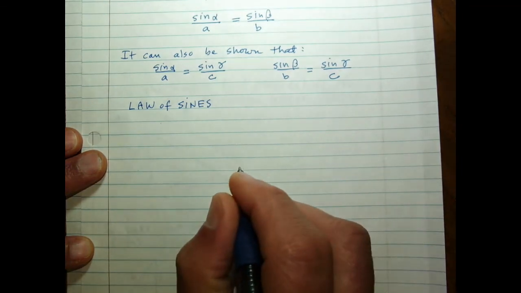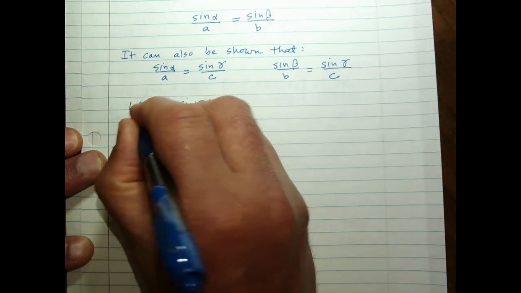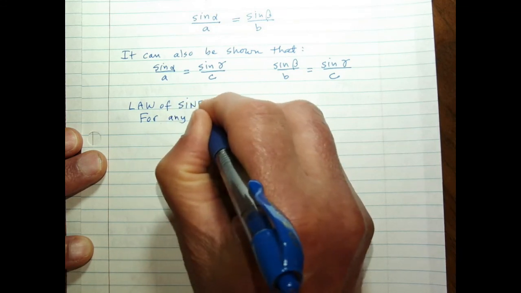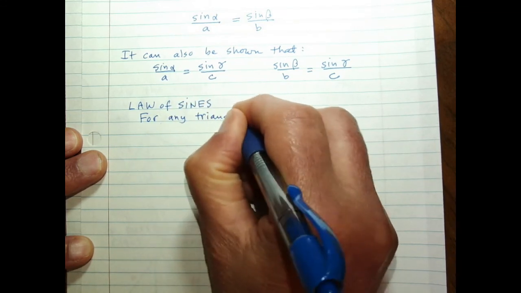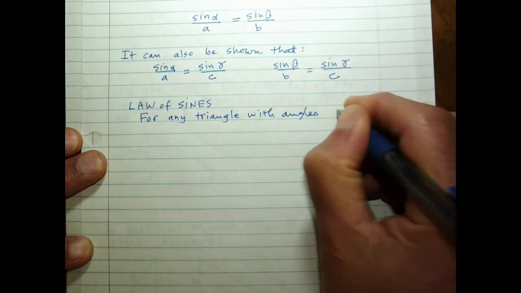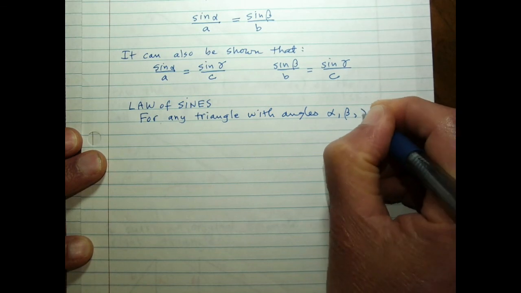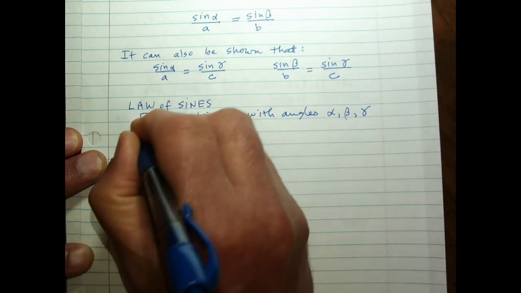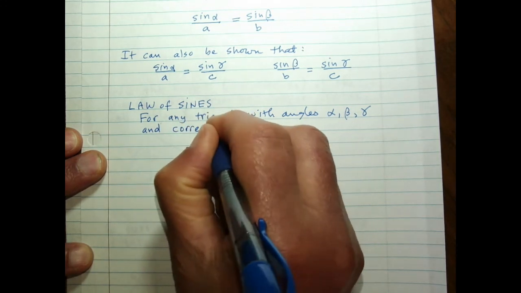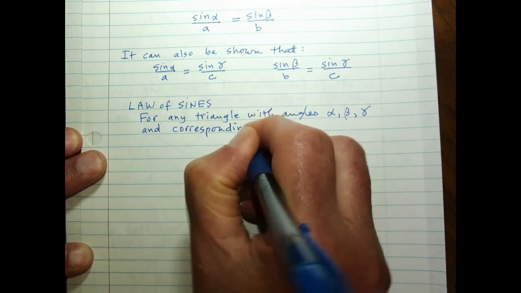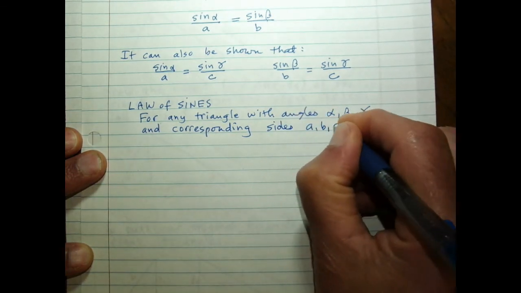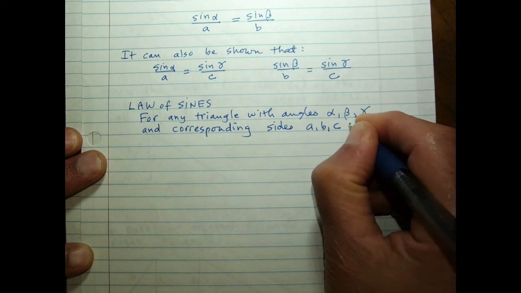So let's sum it up here. For any triangle with angles alpha, beta, and gamma, and corresponding sides a, b, and c, we have the following.